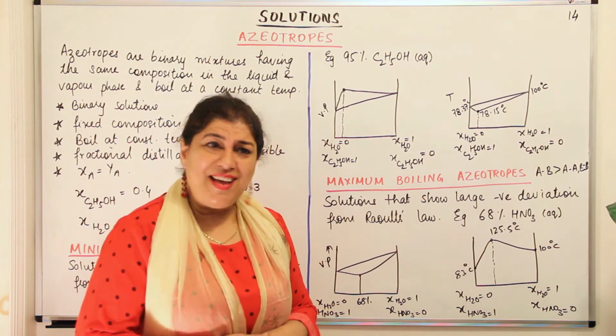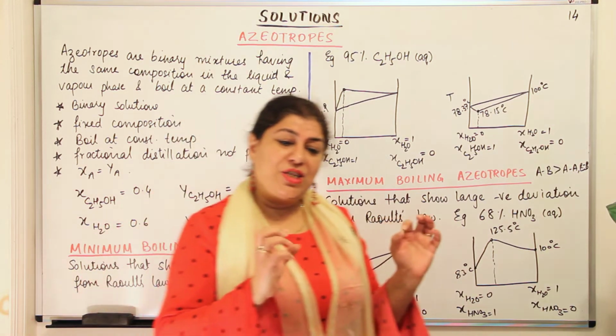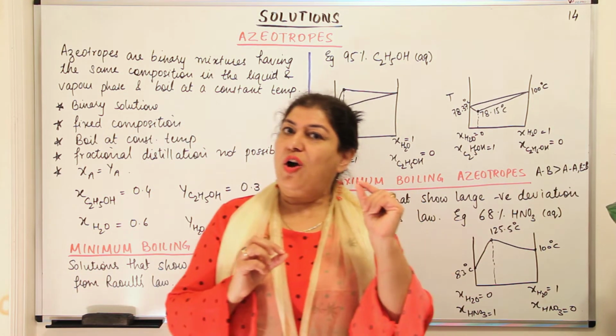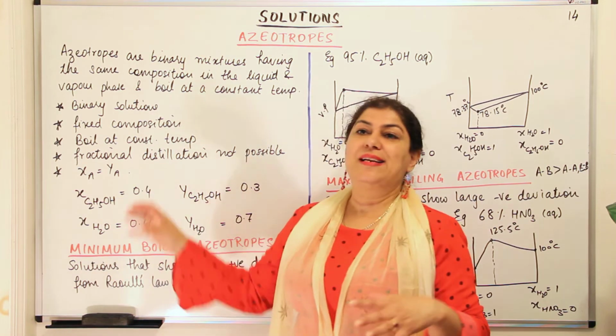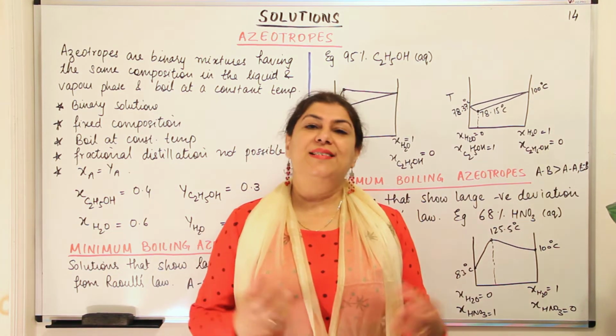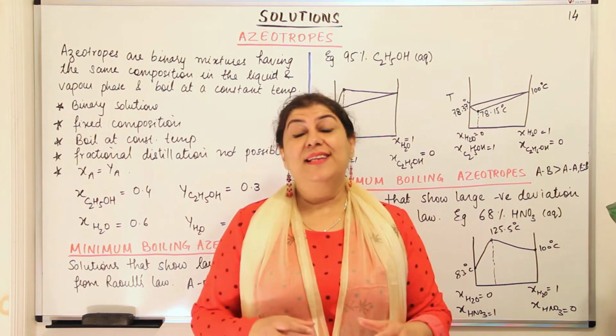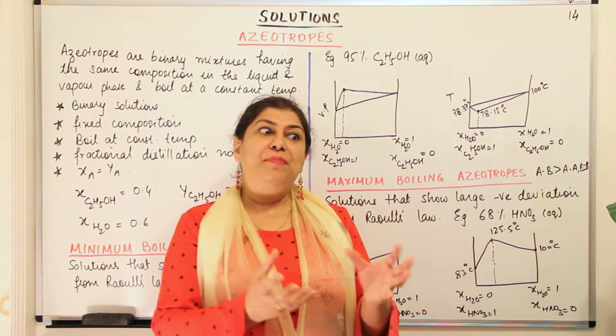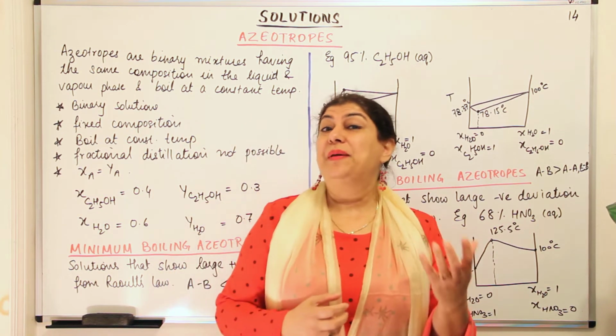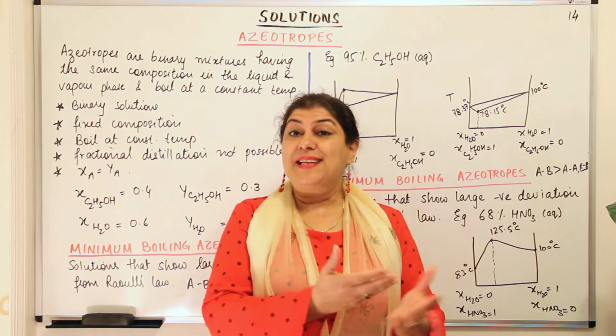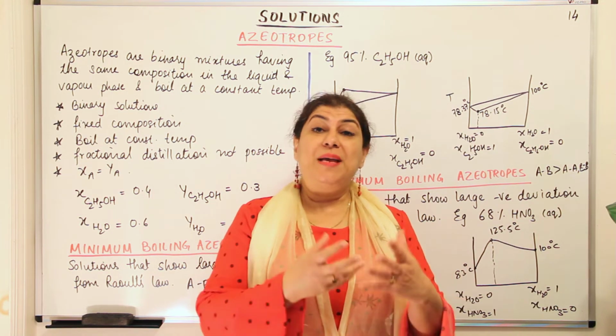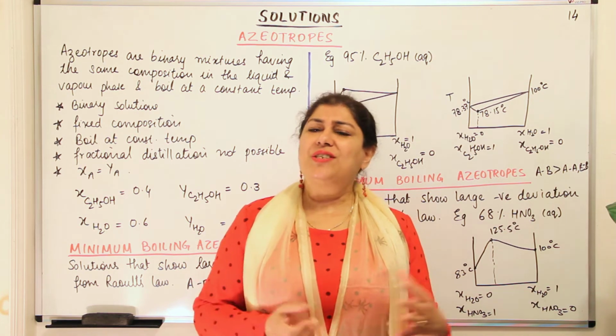Isn't this interesting? A very unique situation, at a very unique composition, these non-ideal solutions start behaving as azeotropic mixtures. And these azeotropic mixtures can be a help, and they can be a menace too. Because a menace, as I told you, is that you cannot separate them by fractional distillation, which is a very simple process.